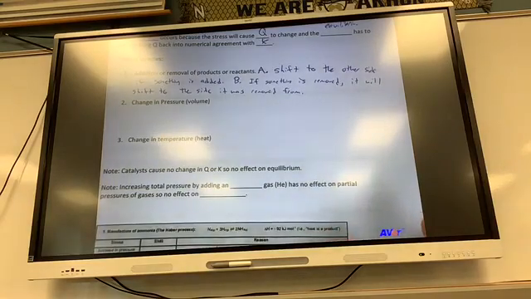The next one is a change in pressure. And then I put volume, because if I change the pressure, it would change the volume. Or if I change the volume, it could change the pressure. Boyle's law.